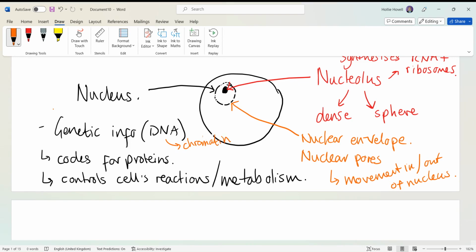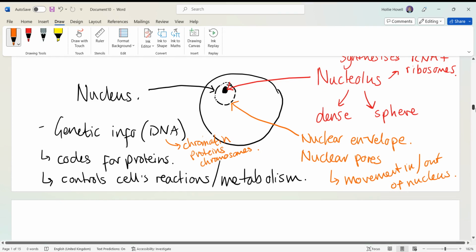So remember that if you want more detail, you can talk about how we've got the chromatin, kind of like all little strands of DNA, and that folds up with proteins into chromosomes. Okay. So we could just talk about the DNA or the genetic information, or you could go into much more detail. Okay. Let's move on to the next organelle.